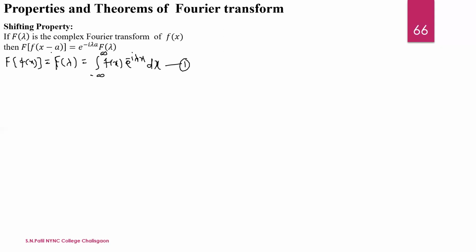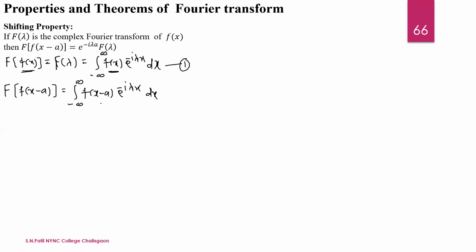Now apply the definition for the given problem, that is the Fourier of the shifting x minus a. Apply the definition: integral from minus infinity to plus infinity. If f of x is here, then we write f of x; if x minus a, we write f of x minus a e to the power minus i lambda x dx.